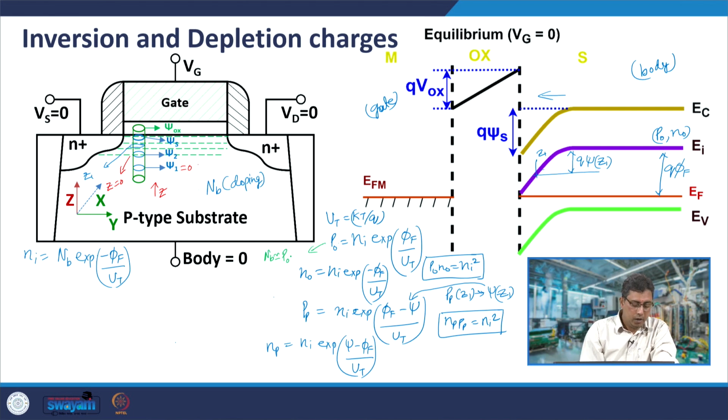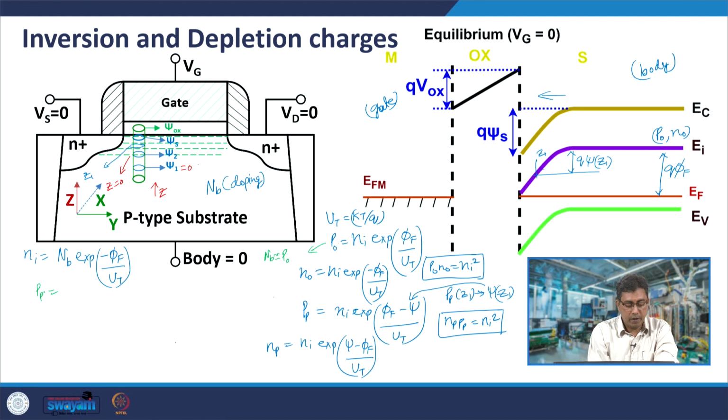Okay. So, if you use this, then you can write Pp, that is hole concentration within the depletion region or within the MOSFET channel. This depletion region is called the channel of the MOSFET. Okay. Under the gate, closer to the silicon dioxide interface within silicon, this is all channel of the MOSFET.